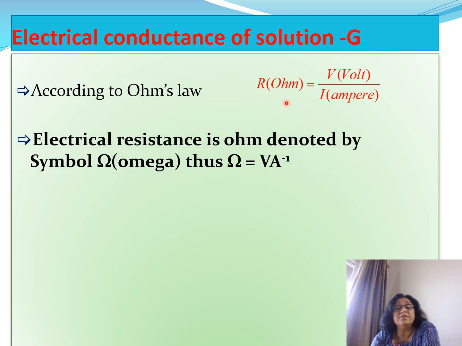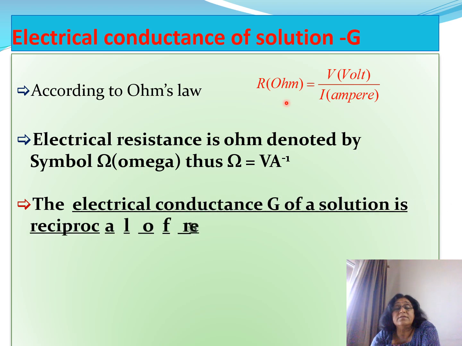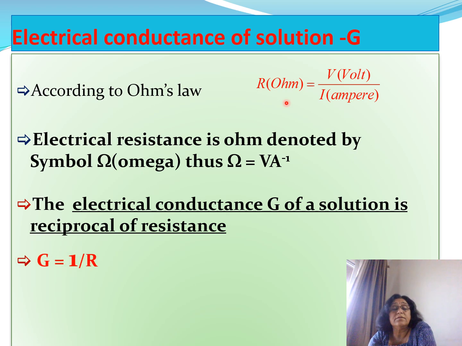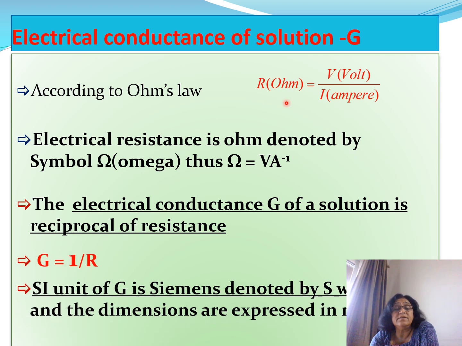So electrical resistance is measured in ohm, denoted by the symbol omega. Thus omega is equal to volt per ampere. So electrical conductance of a solution is the reciprocal of the resistance. G is equal to 1 upon R. And the SI unit of G is what? Ohm inverse. We can also call it Mho, or the other unit is Siemens. Okay.